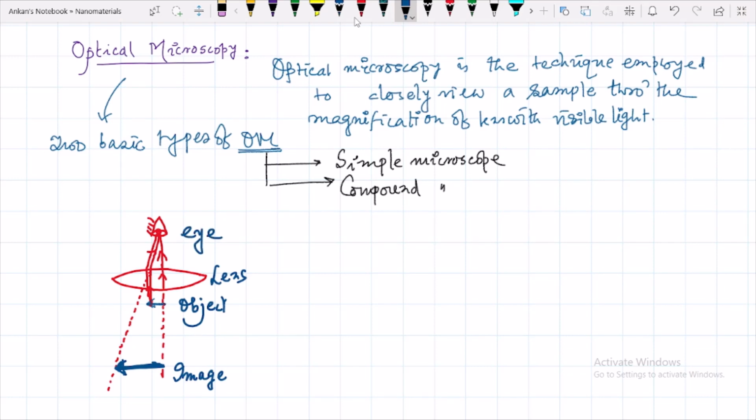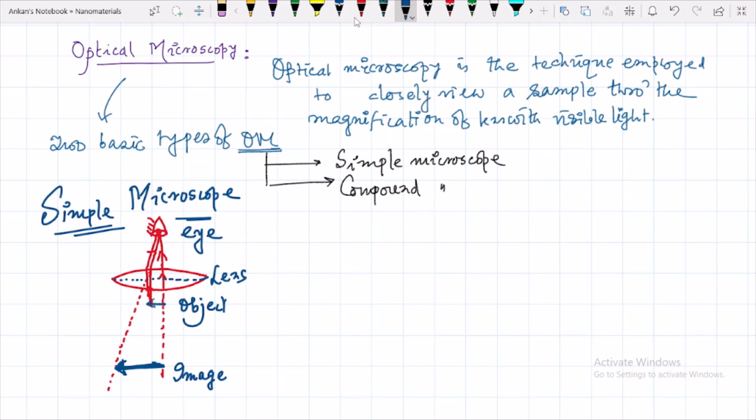This is the principle of the simple microscope, where we use a single lens or a set of lenses to enlarge an object through angular magnification, giving the viewer an erect, enlarged virtual image.